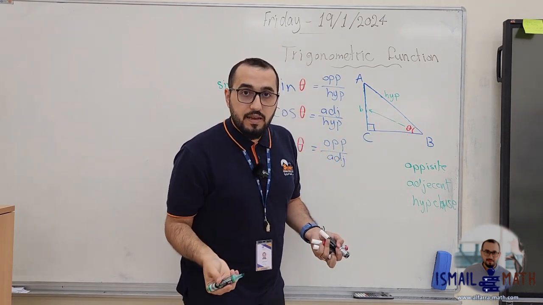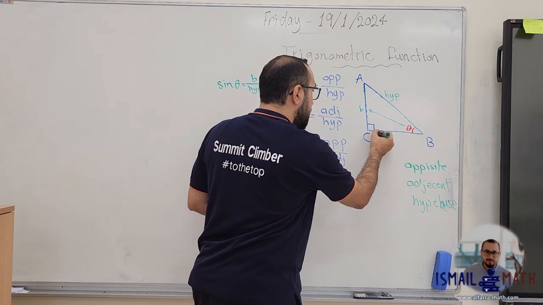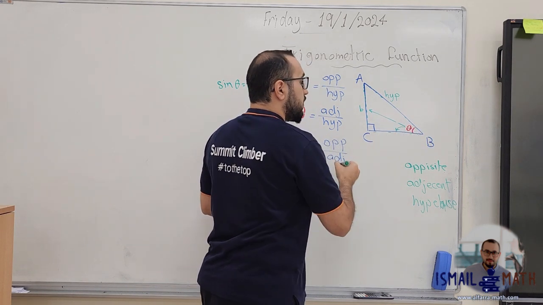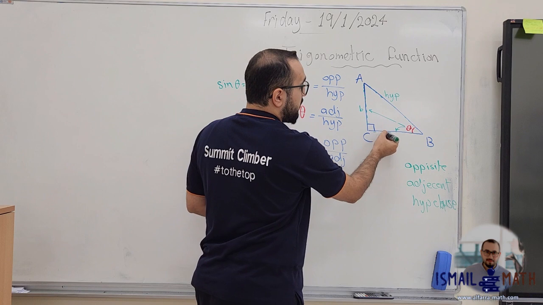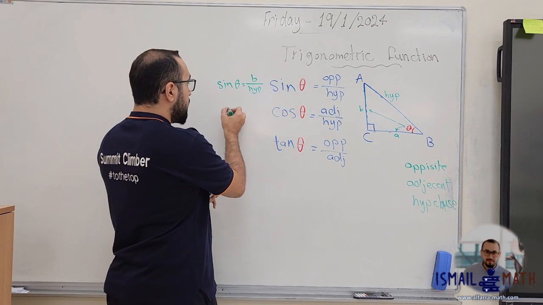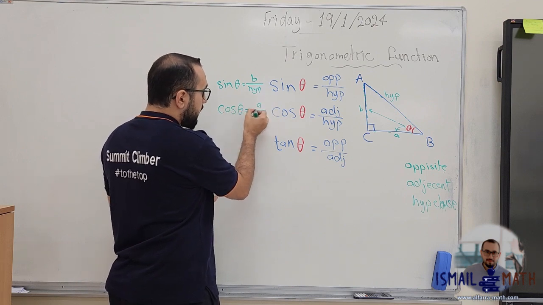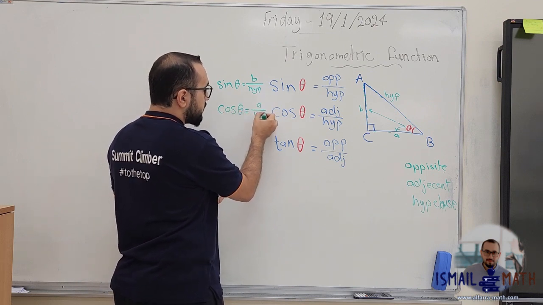Which side is the adjacent? For sure it is the remaining side. So this side is the adjacent. Let's call this one small a. So what's cosine theta? Cosine theta is small a over the hypotenuse.